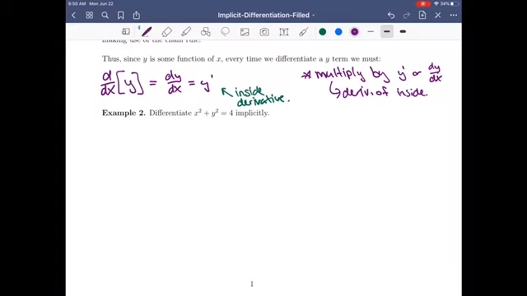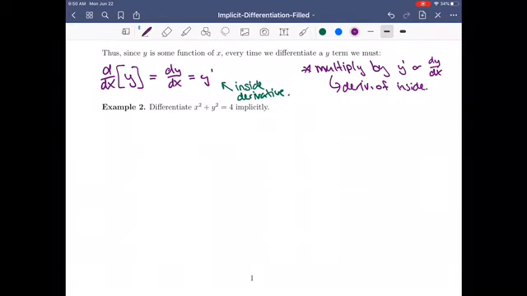If we want to differentiate the same equation, x squared plus y squared equals 4, then the derivative of this side should equal the derivative of this side. So we start by taking the derivative with respect to x of both sides, and I should get something that's equal.